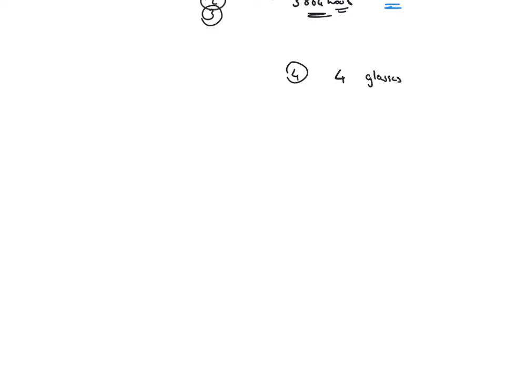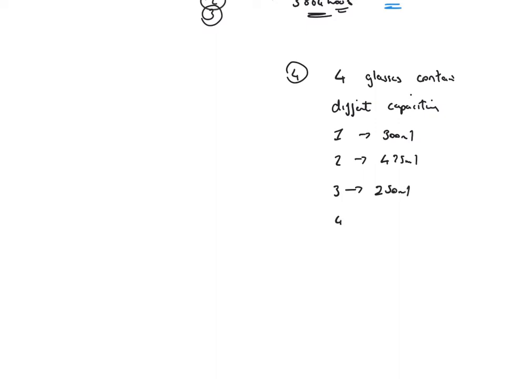Four glasses contain different capacities. So these are drinking glasses, okay? One of them is 300 millilitres, another one is 425 millilitres, a third one is 250 millilitres, and a fourth one is 400 millilitres.